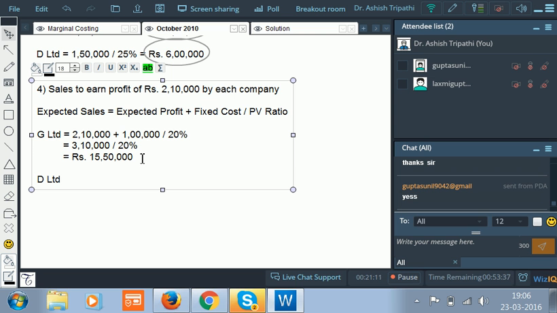Same way, let us calculate the expected sales for D Limited. The formula will remain same, the equation will remain same. We want expected profit. Expected profit will be same for both the companies as it is given in the question. So 2,10,000 is expected profit plus fixed cost.